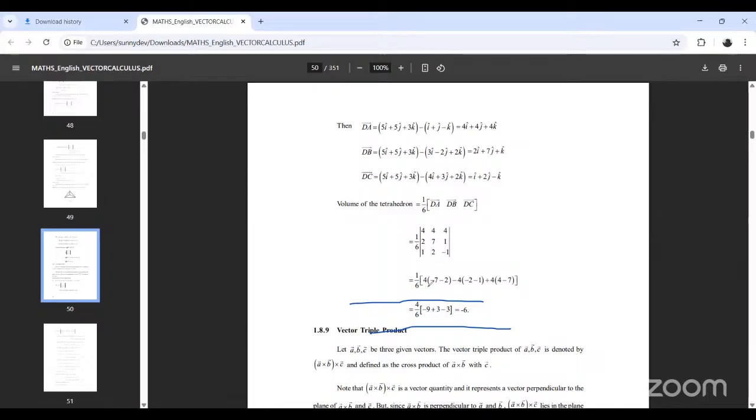So 1 by 6 into 4 of minus 7 into minus 2, and minus 4 into minus 1 and plus 4, and 4 minus 7. This is how we get the volume of the tetrahedron.